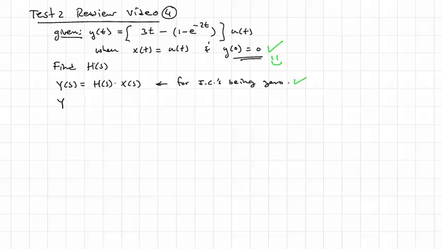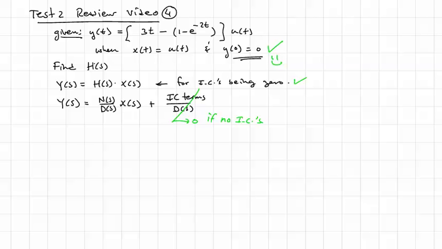And so in general, once you've cleared things up and you want to isolate y of s in terms of everything else, you'll find that y of s is equal to the numerator over the denominator of the transfer function times x of s, but then additionally you have some initial condition terms divided by the denominator of the transfer function. Okay, so these here are 0 if no ICs, which is exactly our situation here.